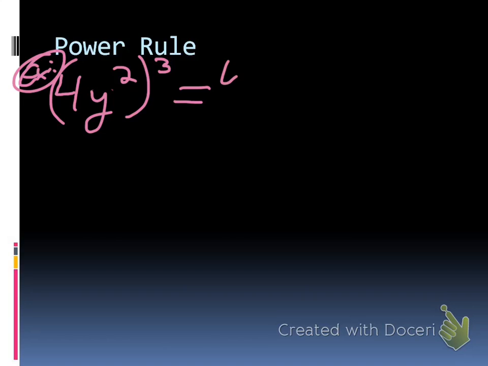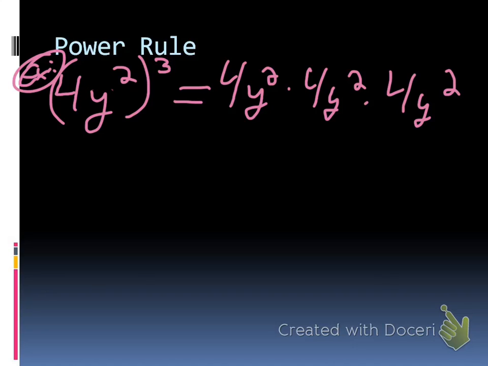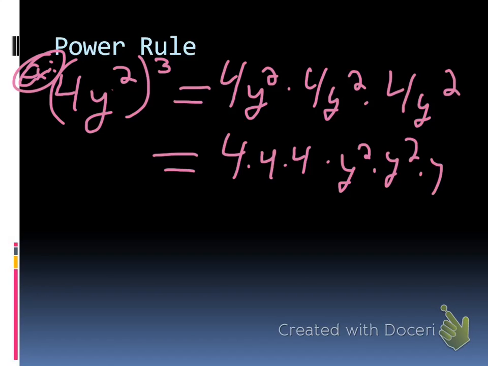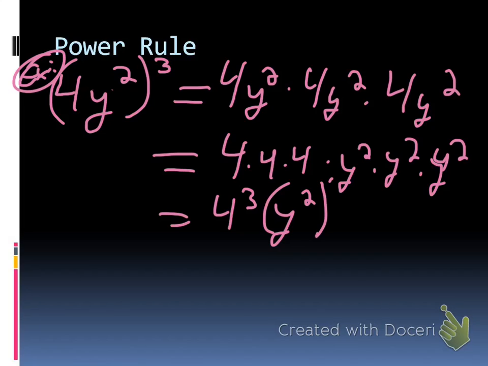Note real quick that this is 4y squared times 4y squared times 4y squared, 3 times. If we rearrange these, this is actually 4 times 4 times 4 times y squared times y squared times y squared. That is actually 4 cubed and y squared cubed, and this simplifies to 4 cubed y to the 6th.